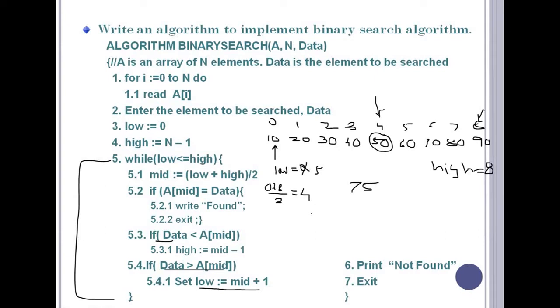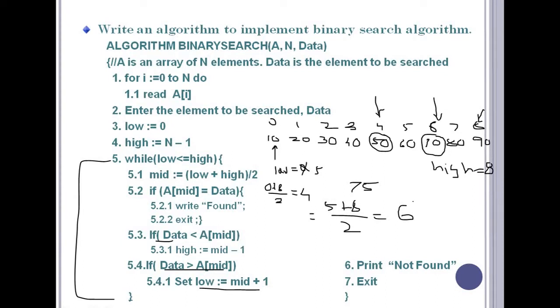Again we calculate the mid, where low is 5 and high is 8, divided by 2. So 13 divided by 2, what I get is 6. So my mid is 6. I compare my 75 with A of 6.